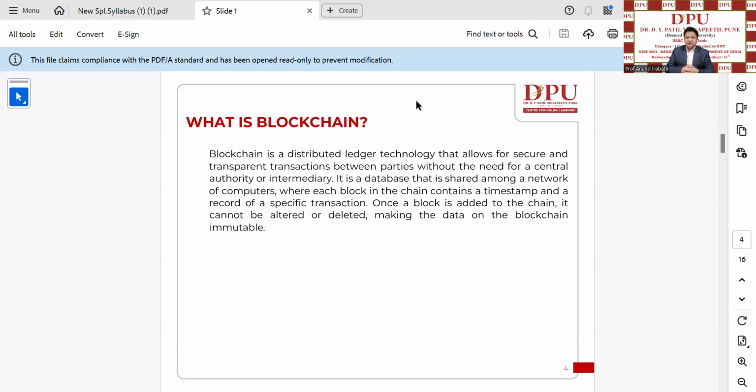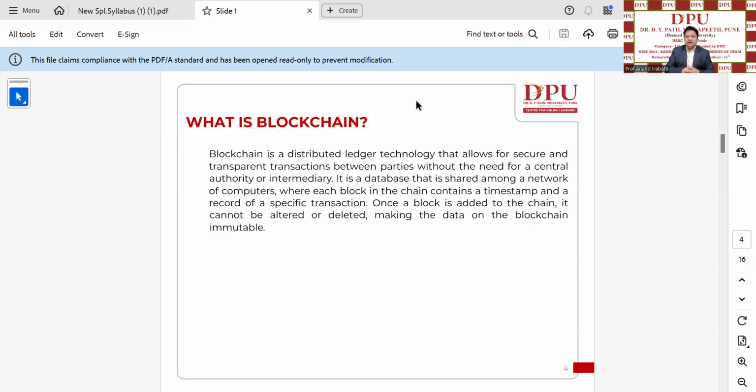So it's a database that is shared among a network of computers where each block in the chain contains, like I said, a timestamp. Timestamp means what? When the transaction is entered into the block, what is the time, what is the date, and a record of the specific transaction. That is actually the data that pertains to the transaction. And once the block is added to the chain, it cannot be altered or deleted in any way.